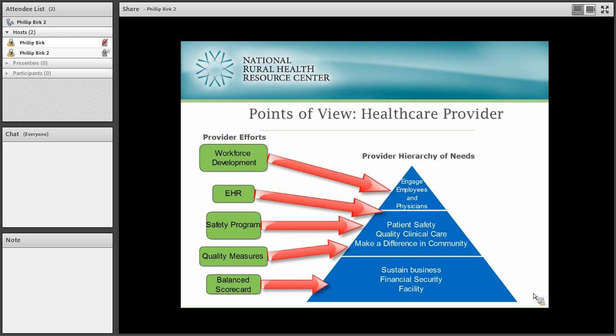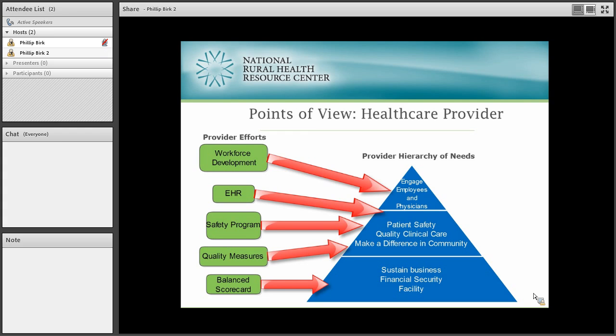Moving on up the hierarchy, there's patient safety, clinical quality of your clinical care, and making a difference in the community. You see how that is actually in a different spot on the hierarchy of needs for a healthcare provider than it is for the vendor. And how you do that is with quality metrics, having maybe a safety program.